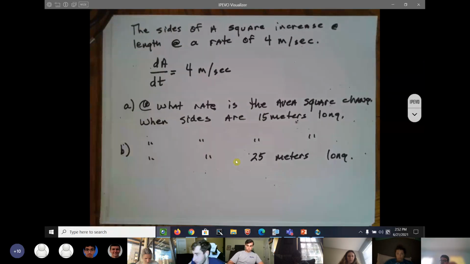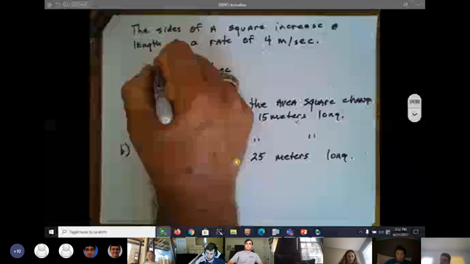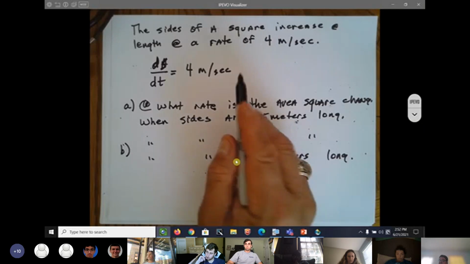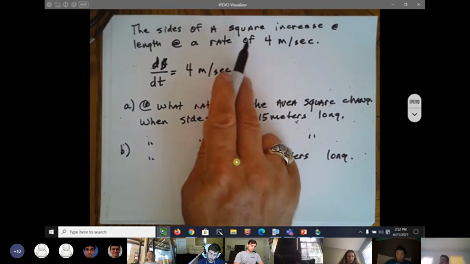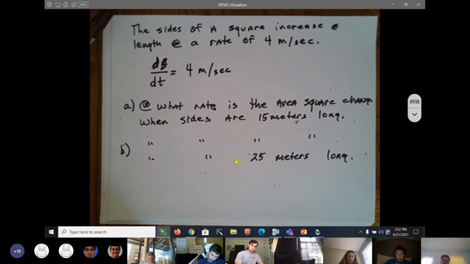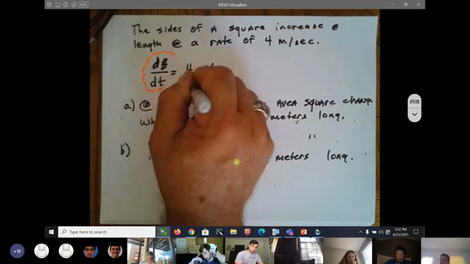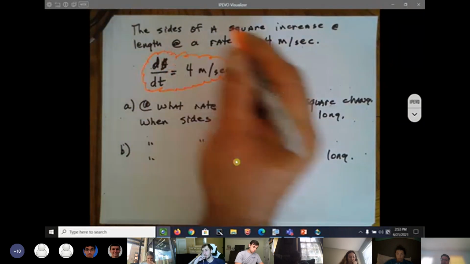Excuse me. Now we'll call this dS dt. Sides, not the area. The sides of the square. I messed that up. Now, I want you to get used to writing this because this means the sides of the squares are changing with time.